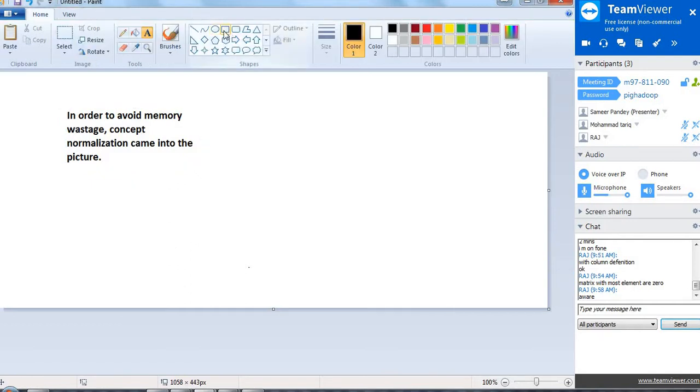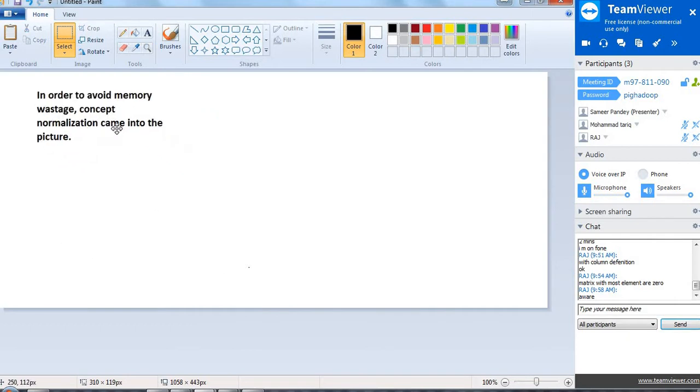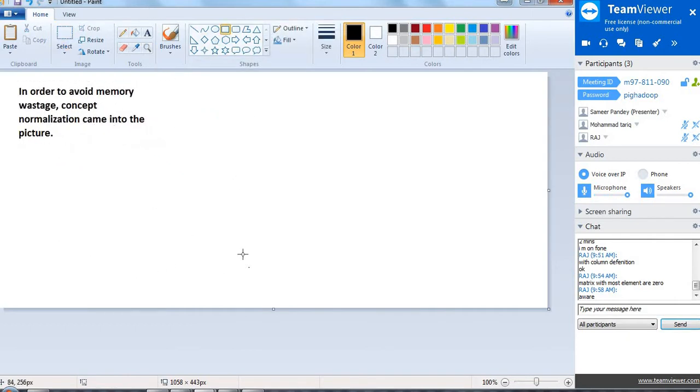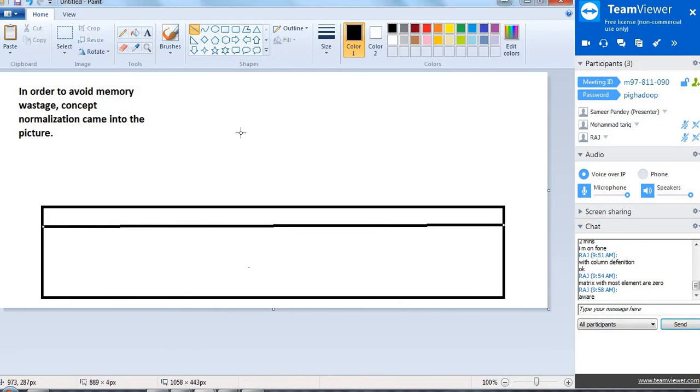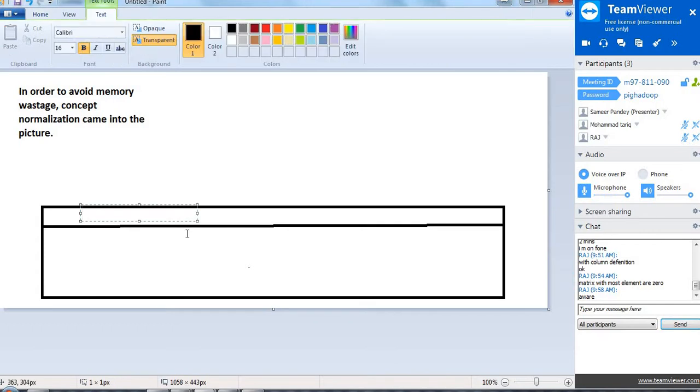It can be asked, like, why, how? So suppose you are not performing any kind of normalization, and this is your table. In this table, the number of columns is 100.